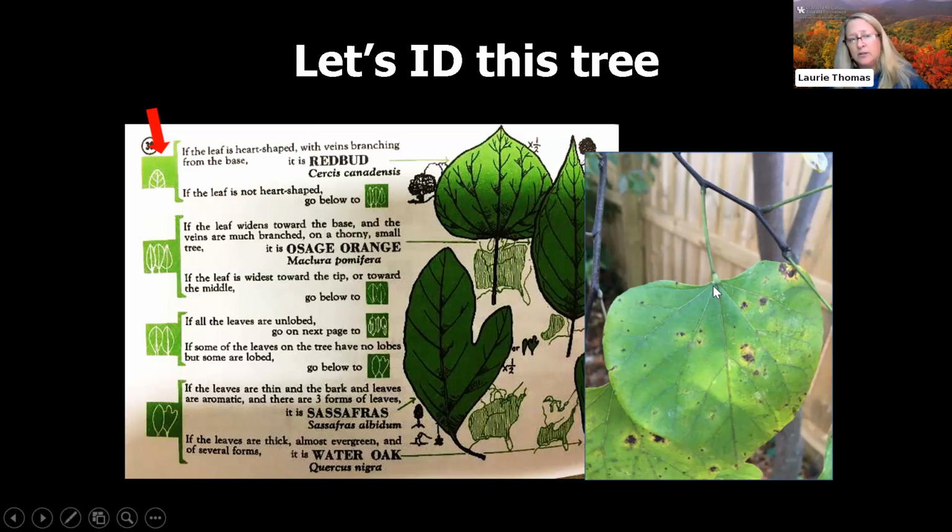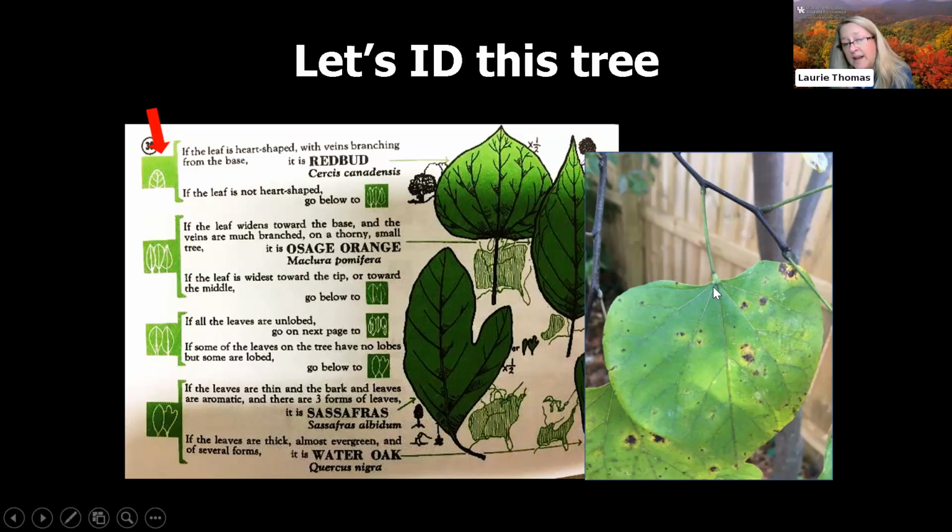And in fact, if we look at the second part of that statement, it asks if the leaf has veins branching from the base. So let's look. We can see our veins from the base of the leaf. We can see all of those veins in that leaf are branching from the base of that leaf. So we feel pretty confident in saying that this is pretty heart-shaped.